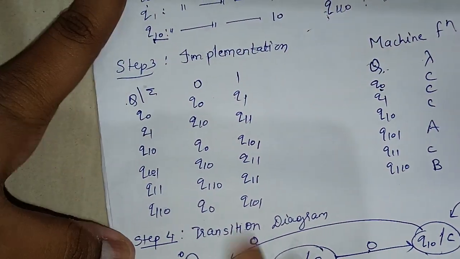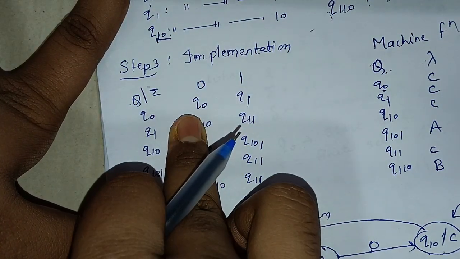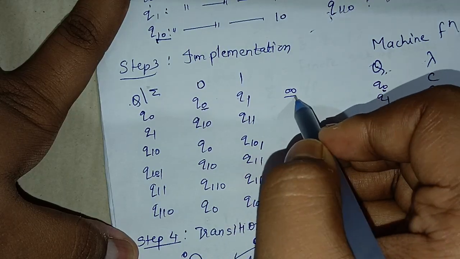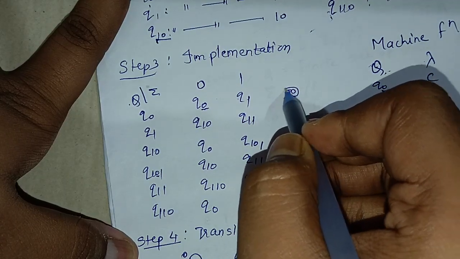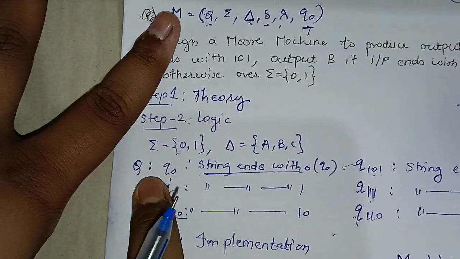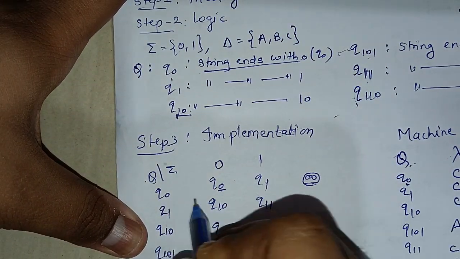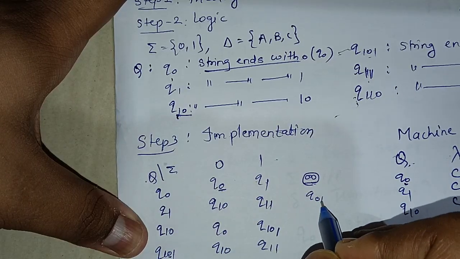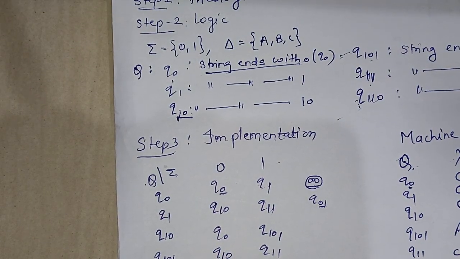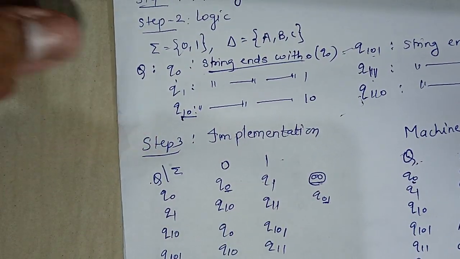Now I am giving an easy trick for how to do this. See, Q0 is receiving 0, it is like coming as 0 0, but we don't have any state with this 0 0. There is a state with only 1 0, Q0, that's why I am writing Q0 only. When Q0 receives 1, there is not any state with 01, that's why we have only Q1, so I am making this Q1.